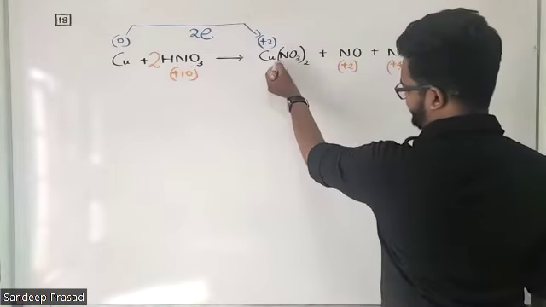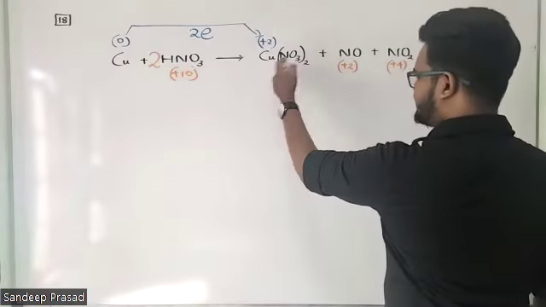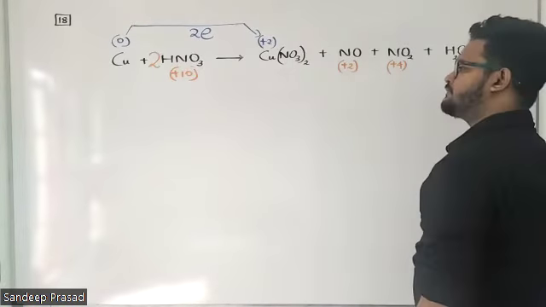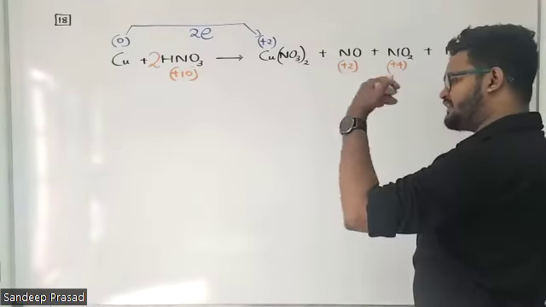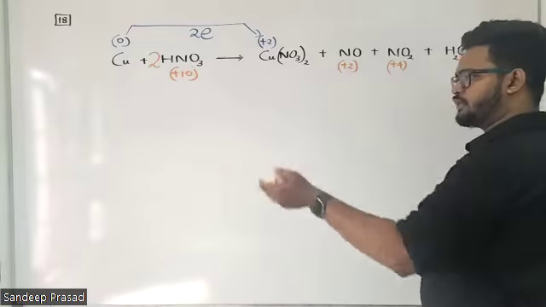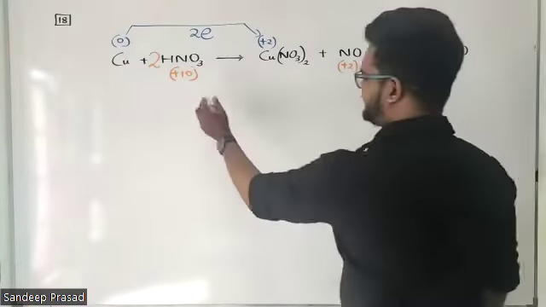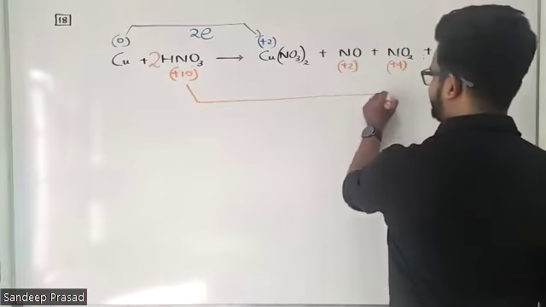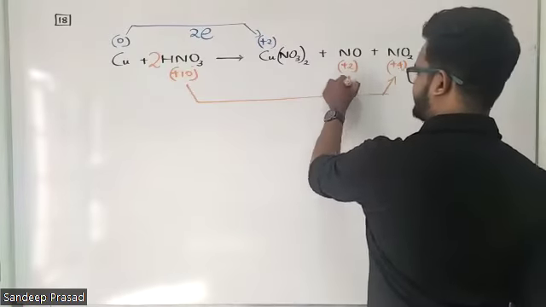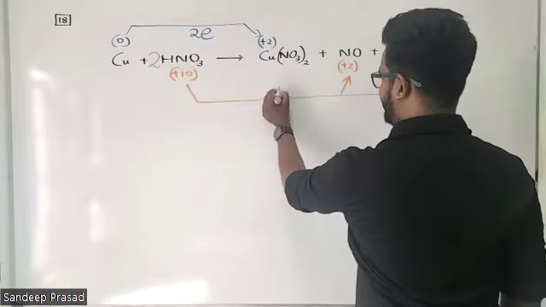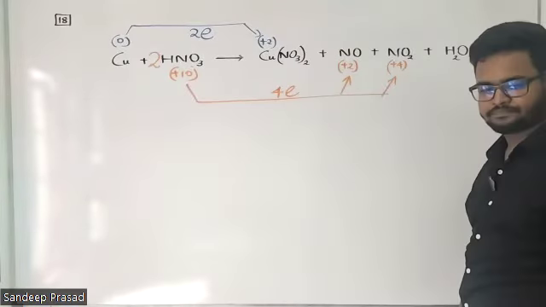Originally it is plus 5 each, so 10 to 6, the decrement is 4 electrons. We consider only the atoms which are changing their oxidation states.